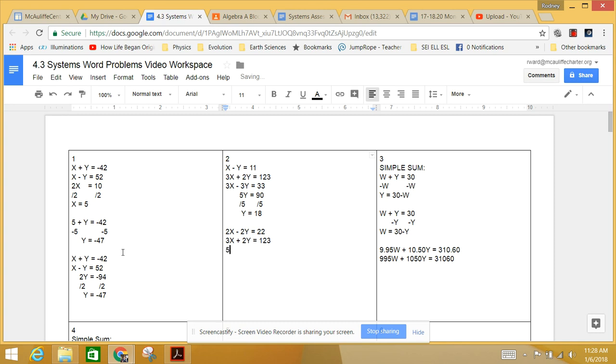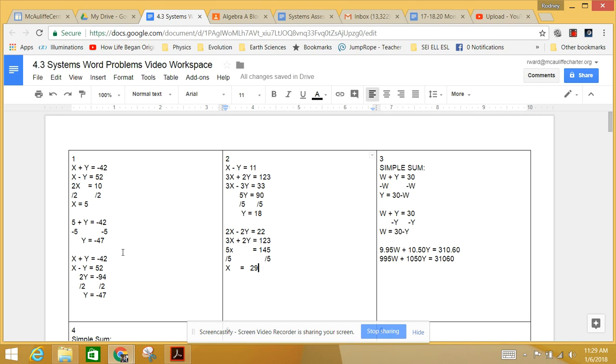So I get 5x, and 2y and negative 2y add up to nothing, equals 145. I'm going to divide both sides by 5, and x equals 29. So my numbers are 18 and 29.